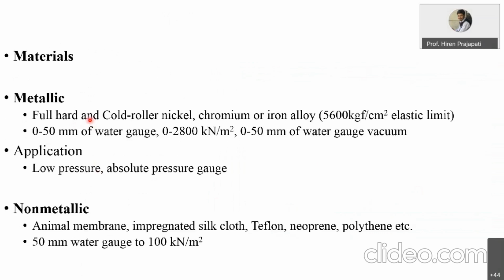Now this is the basic information, like metallic diaphragms. Their material is mentioned here for different pressure limit applications. As we have already discussed, it is for low pressure to high pressure measurement. For non-metallic diaphragms, we are using these materials as diaphragm material, and then the pressure measurement range is given.